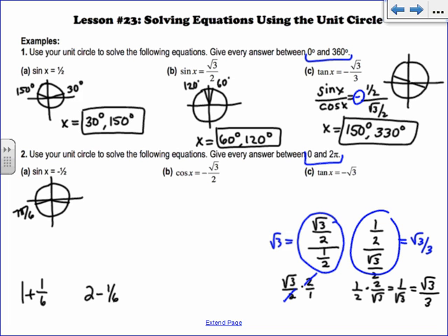It's going to be 2 minus 1/6. So that's 12 over 6 minus 1 over 6. Yeah, exactly, 11 pi over 6. The only reason that some of you guys do not like radian measures is because you're not comfortable with fractions. You have to be comfortable with fractions in order to do radians. All right, so our answers are going to be 7 pi over 6 and 11 pi over 6.